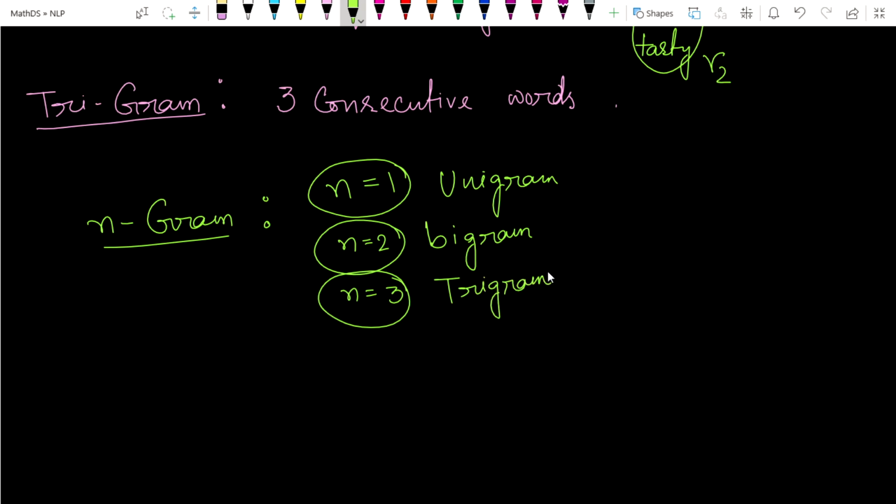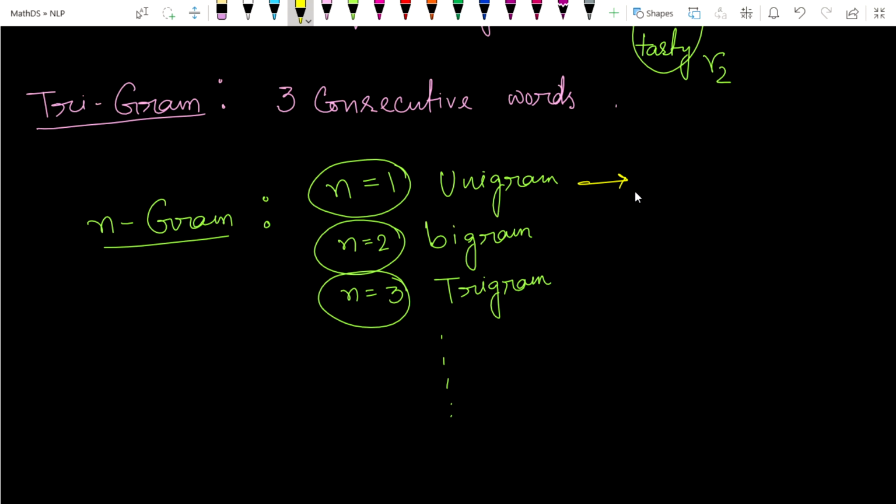Okay, but the unigram discards the sequence of information.